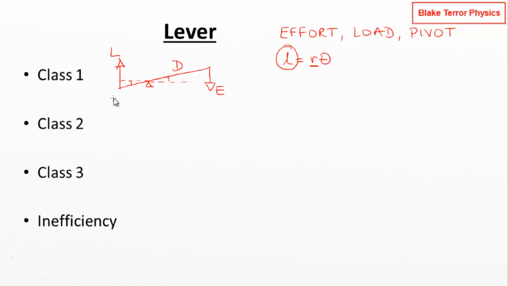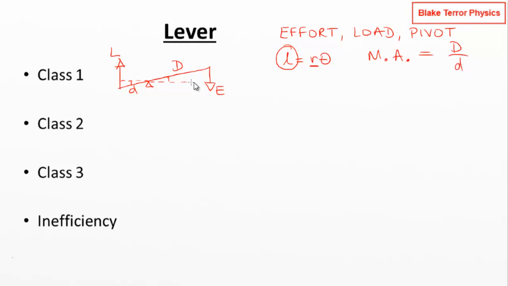So if we got a big D there for one of them and a little d there for the other one, our mechanical advantage is going to be the ratio of those distances. So the mechanical advantage is going to be our big D divided by the little d.